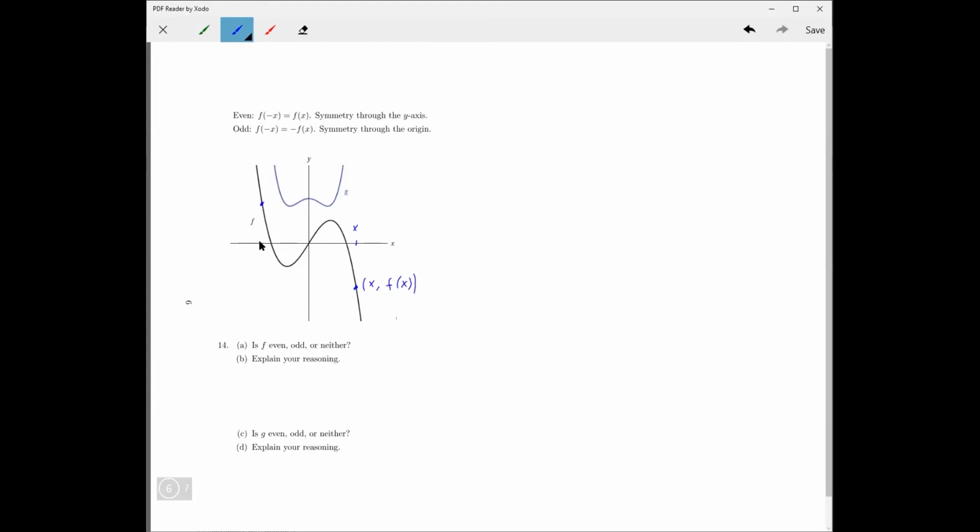And if you have this symmetry like this, then this point over here is going to be negative x. The coordinates here are negative x, comma, negative the negative of this one.